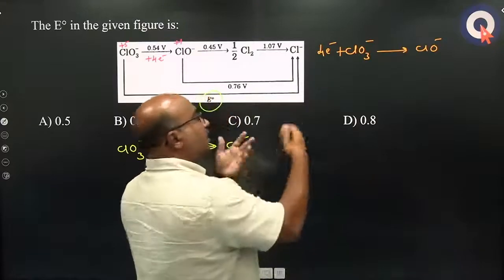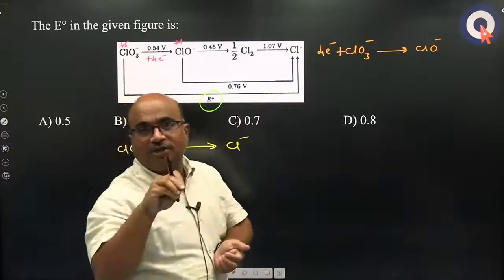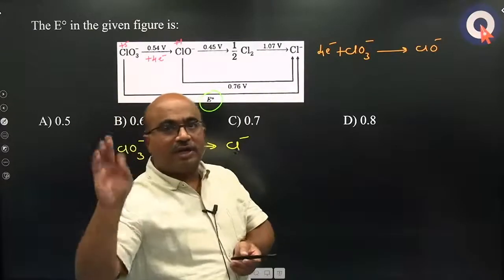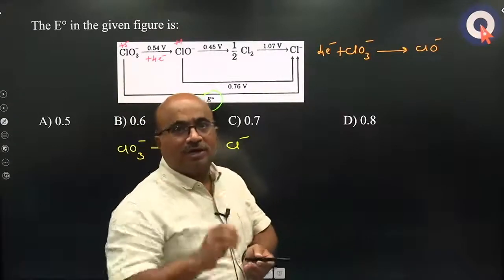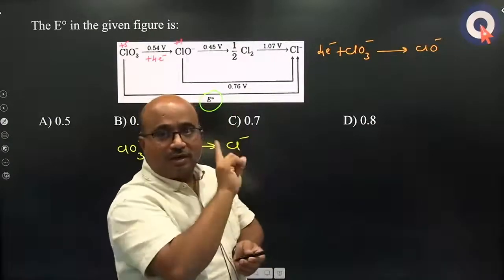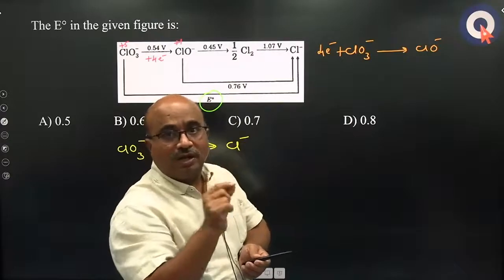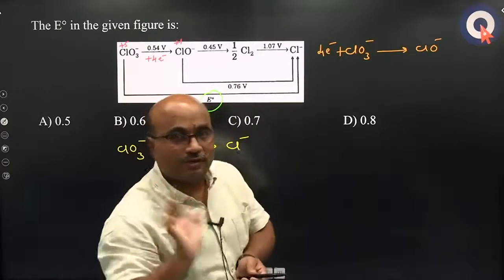So if it is an acidic condition, whichever method you use to balance a half cell reaction, ion electron method, oxidation number method, anything, the electron count will not be affected. The electron count always depends only on the changes in oxidation states.